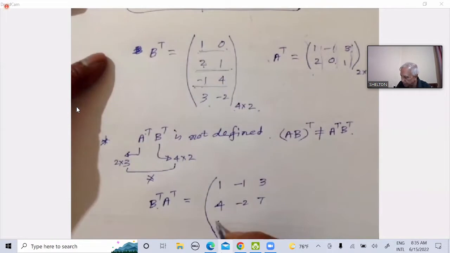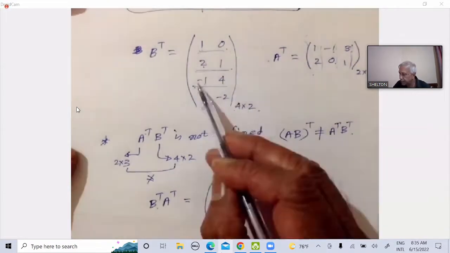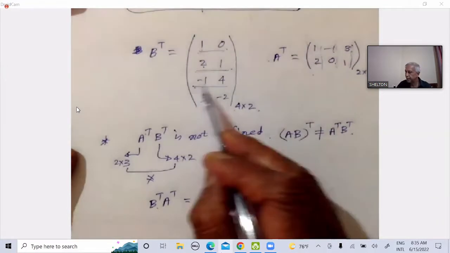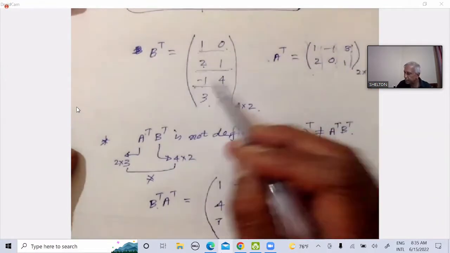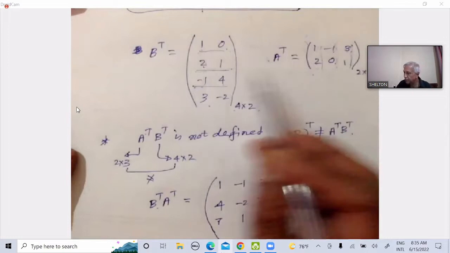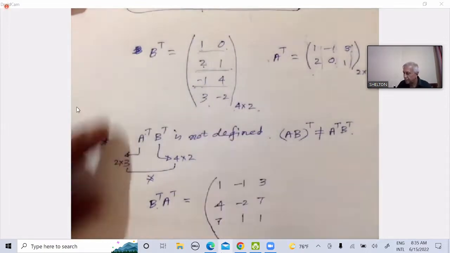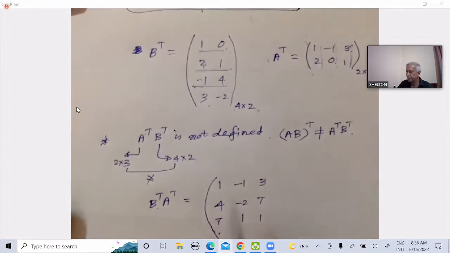Then this times this, minus 3 plus 4, again 1. Last one. What is the entry here?